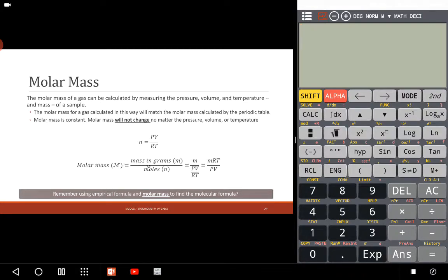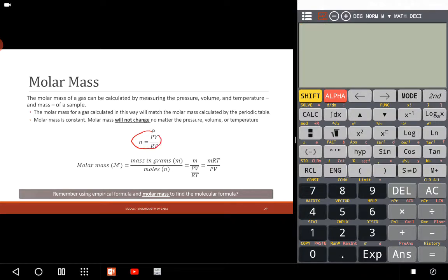Molar mass, we know, has units of grams per mole, meaning we can calculate it if we know the mass in grams of our sample and how many moles of gas are in that sample. This moles of gas is what we're going to be calculating using the ideal gas law. So if we take our PV equals nRT equation and solve for n, we get n is equal to PV over RT.